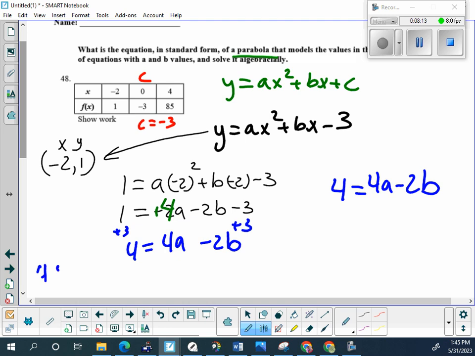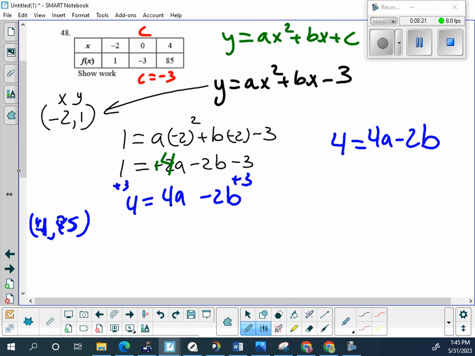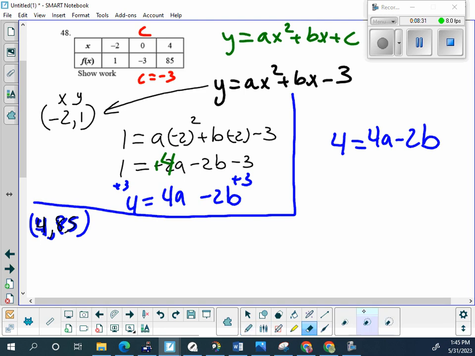Okay, so 4 comma 85 is my other point. I'm going to do another equation with the 4 comma 85. Again, these are x and y ordered pairs.